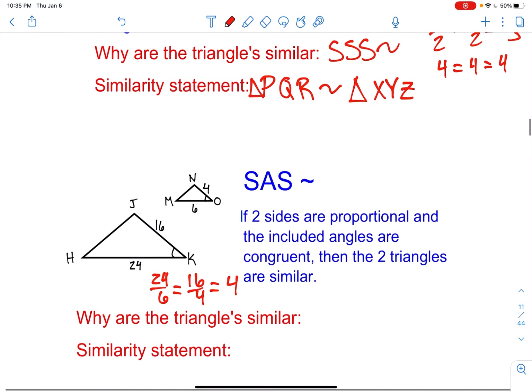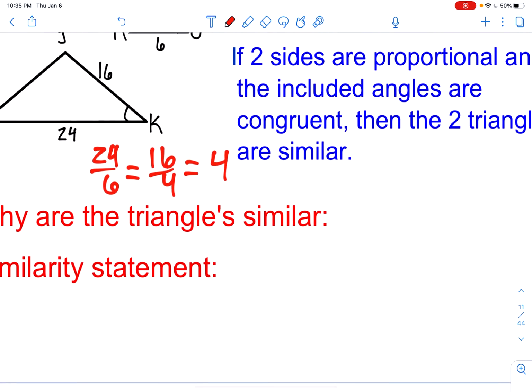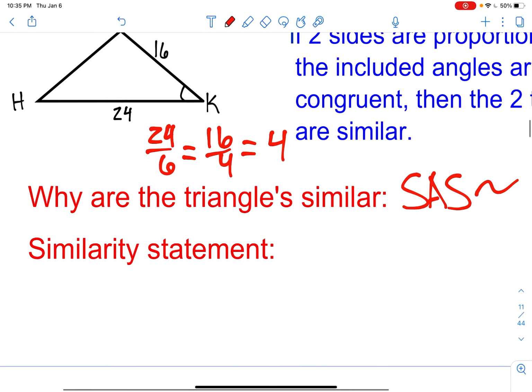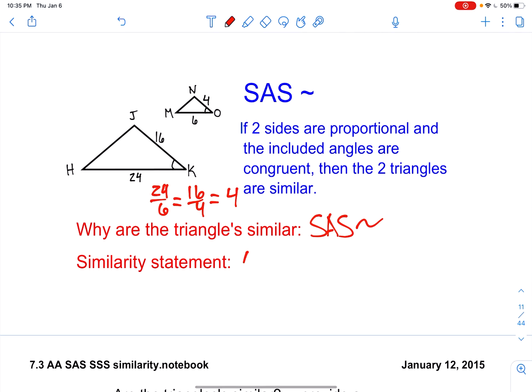Those are also 4. So why are the triangles similar? By side, angle, side similarity. Similarity statement, I'm going to say triangle HJK is similar to triangle MNO.